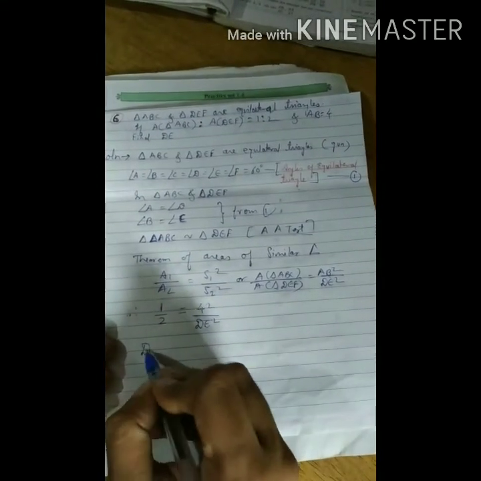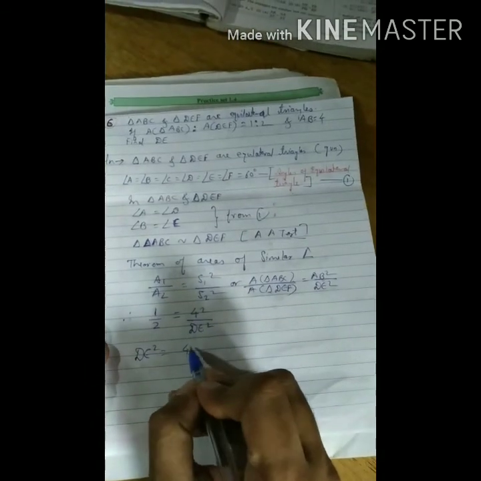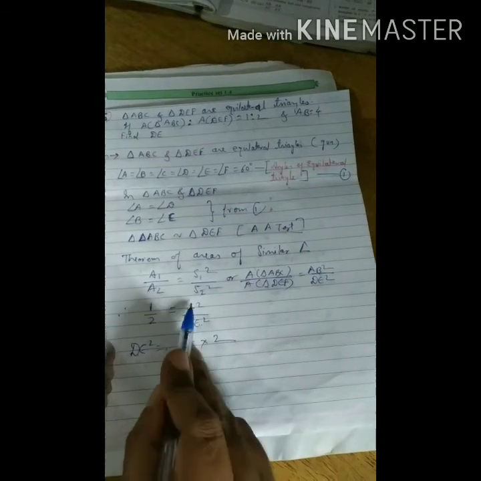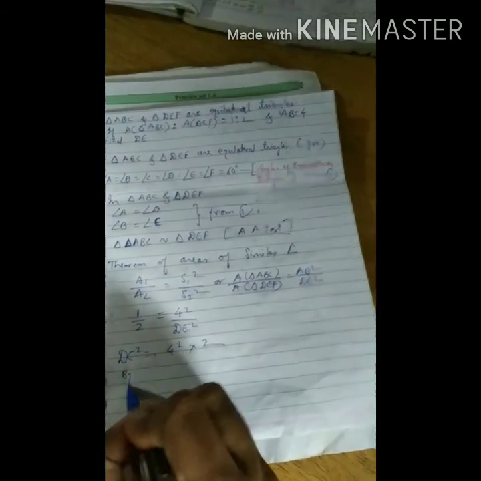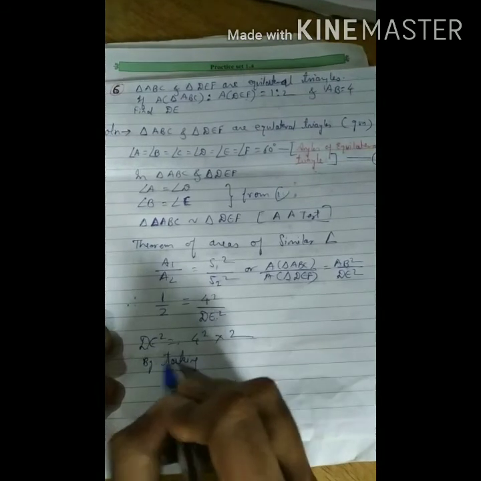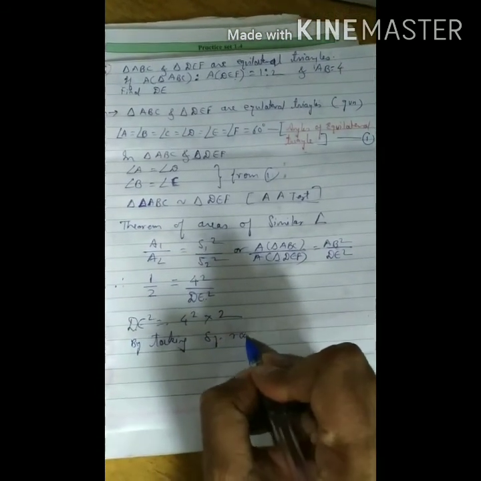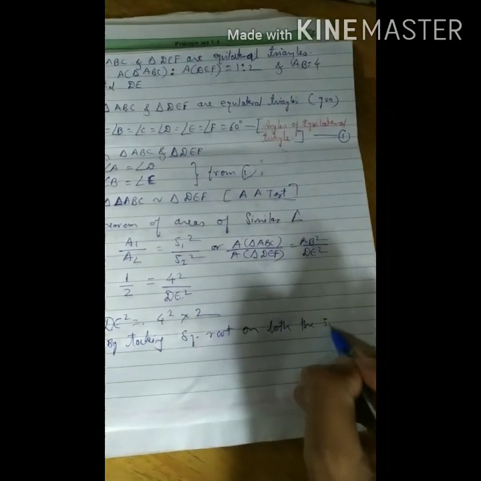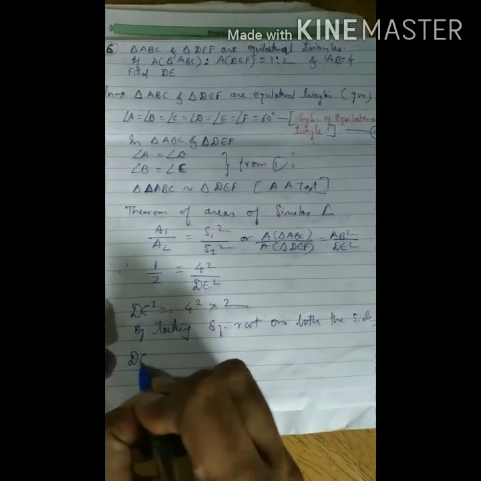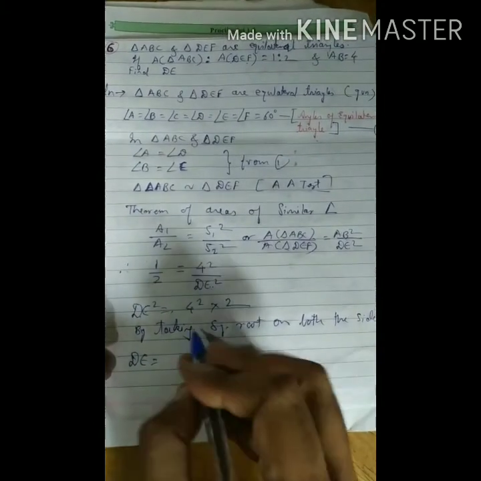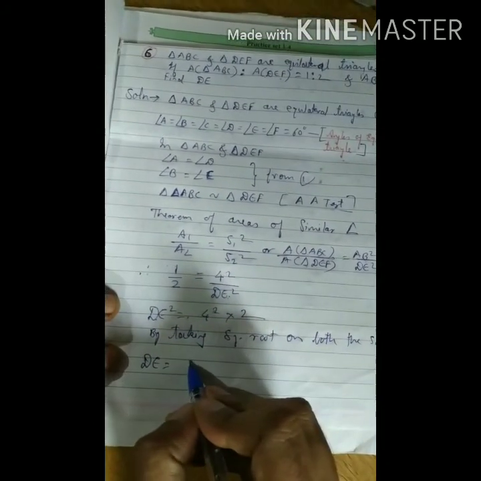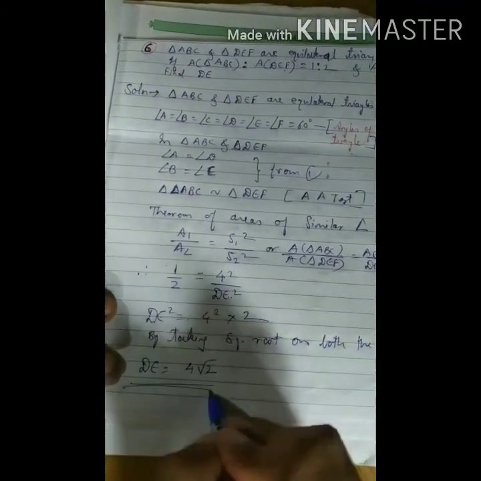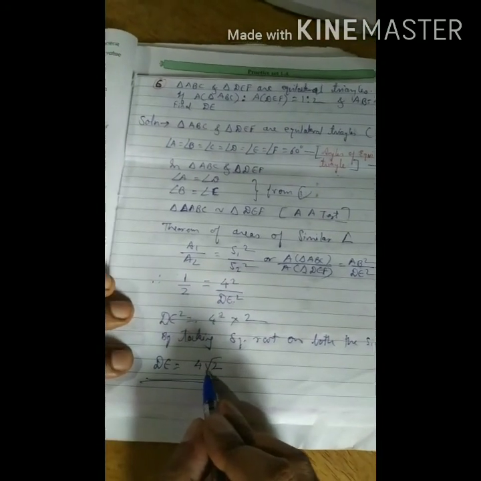So by cross multiplication again, DE square will be 4 square multiplied by 2. So by taking square root on both the sides, we get DE equal to 4 square means 16. So by taking root again we get 4 and 2 will be root. So DE is 4 root 2.